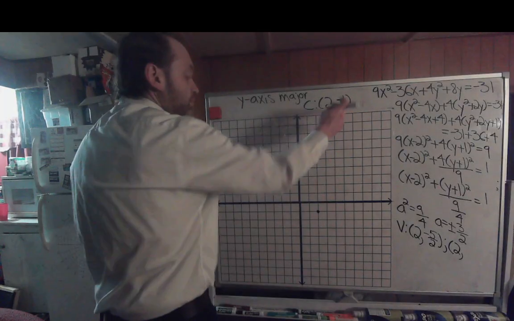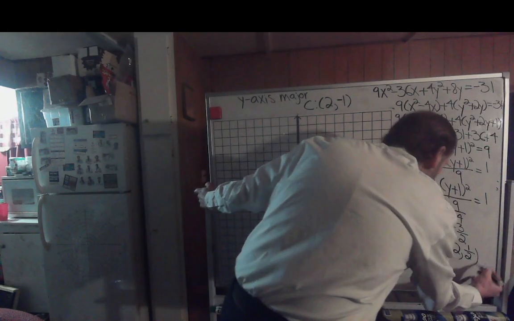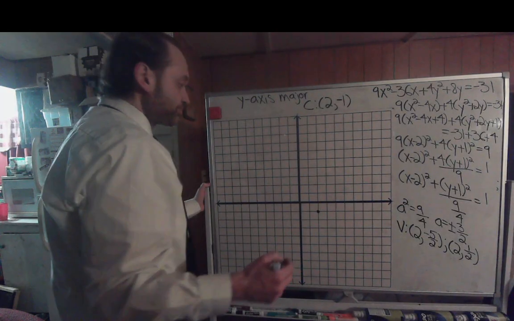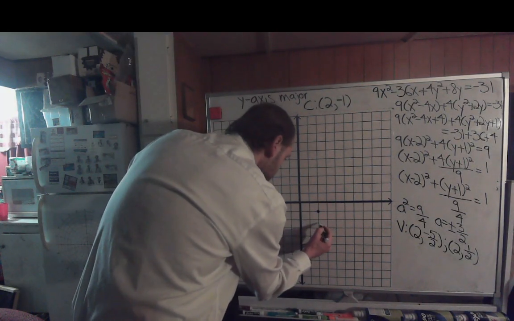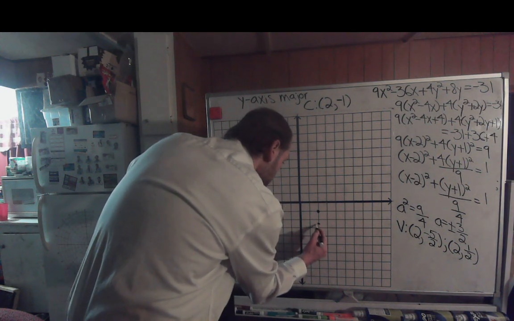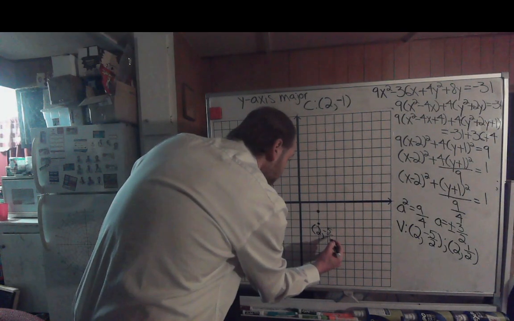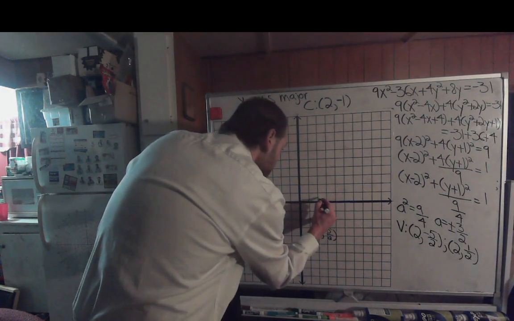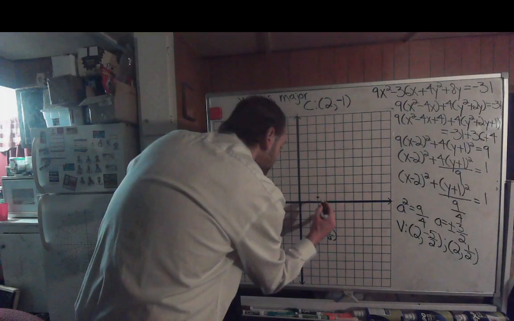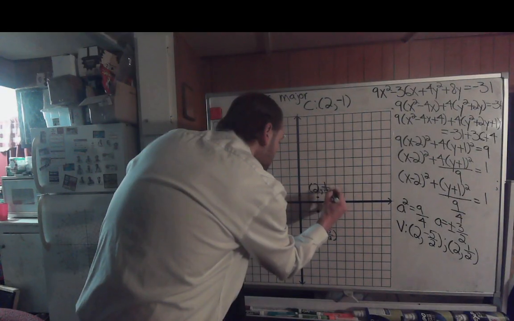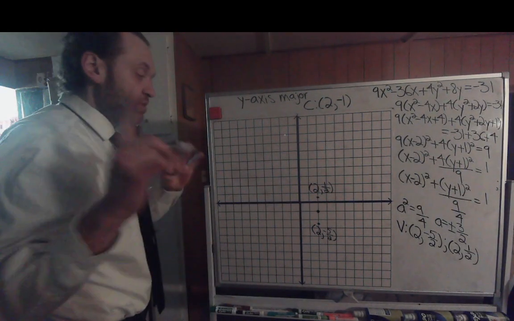Now take -1 plus 3/2, you'll have 2 1/2 for your other vertex. So (2, -5/2) is here. And then (2, 2 1/2) is here. Alright, so we found our vertices.